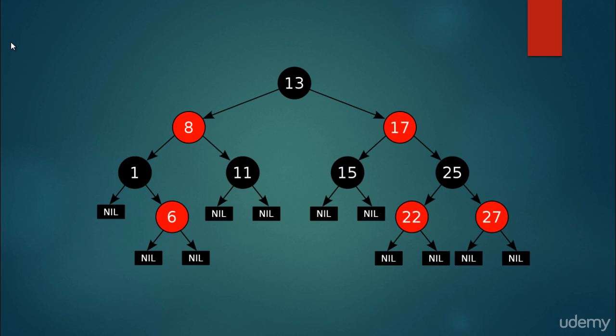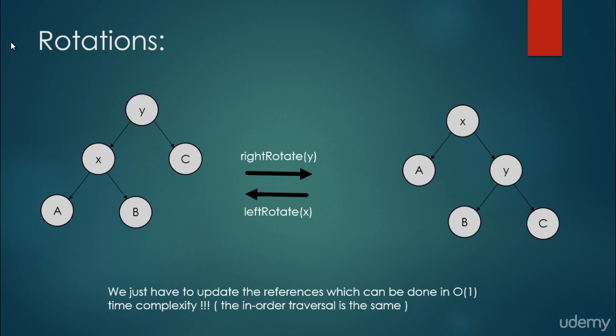Every red node has 2 black children, and that's why we have to use these nils or null pointers, not to violate this property, because if the leaf node is red, then with the help of these nils, the red-black properties are not violated because these nils are black. So every red node has 2 black children. Yes, so this is a typical red-black tree.